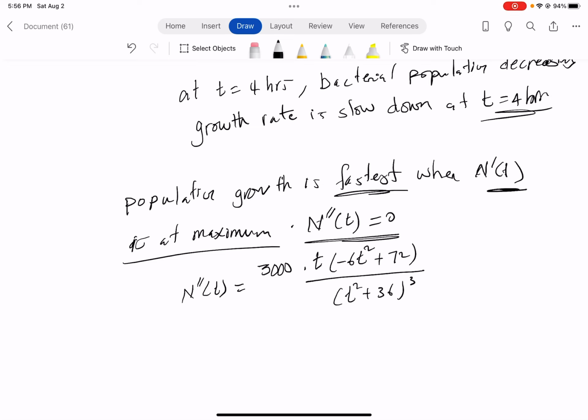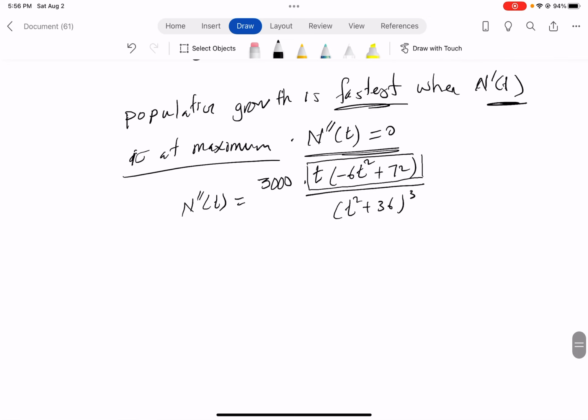Okay, now we set the numerator of this expression to 0 to find the critical point, because we can't set the bottom equal to 0. So it's either t is equal to 0 or minus 6t squared plus 72 equal to 0.